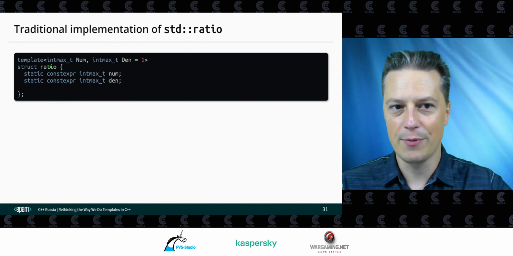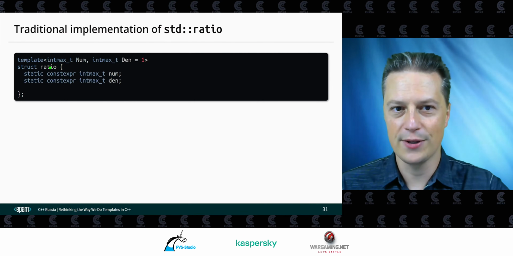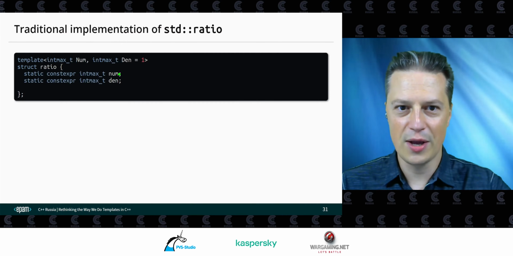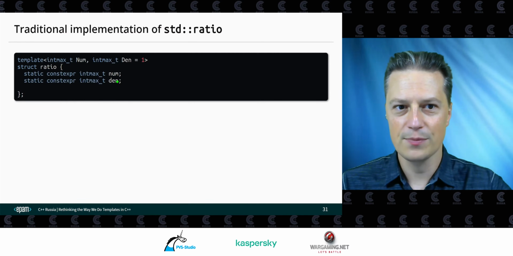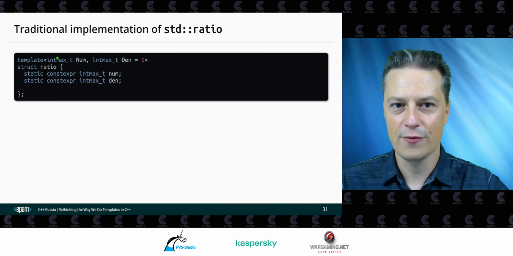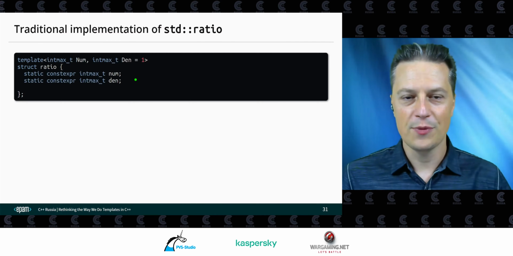Ratio is a simple type, actually a class template. It has numerator and denominator as members here, static members, and the values are provided from the template parameters.